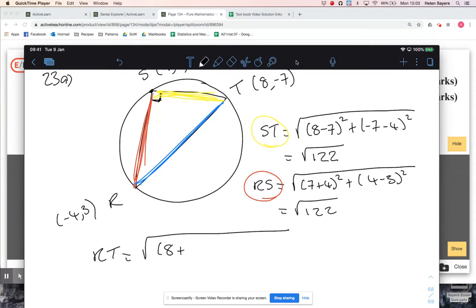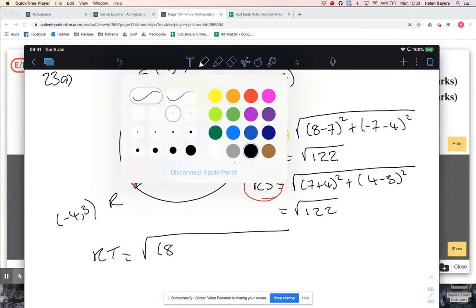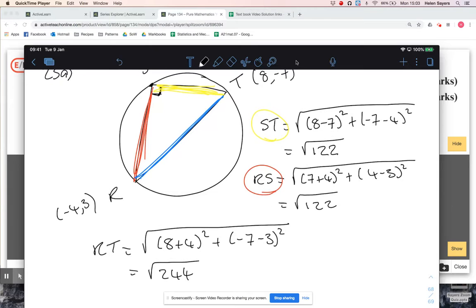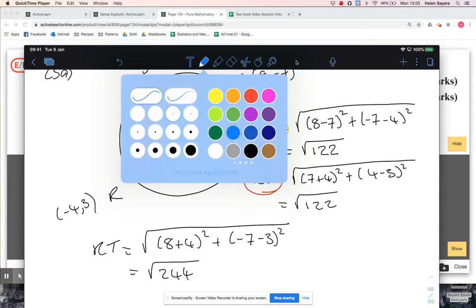Okay, so RT is the square root of 8 minus 4 all squared plus minus 7 minus 3 all squared. So that is 12 squared plus 10 squared, so root 244. So I think we're going to be okay.